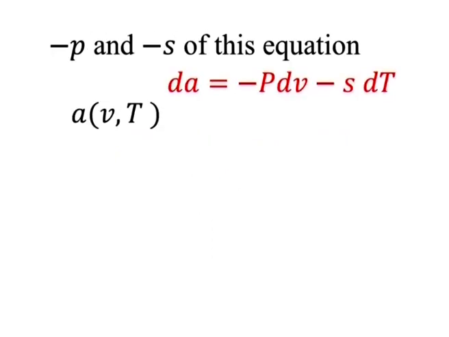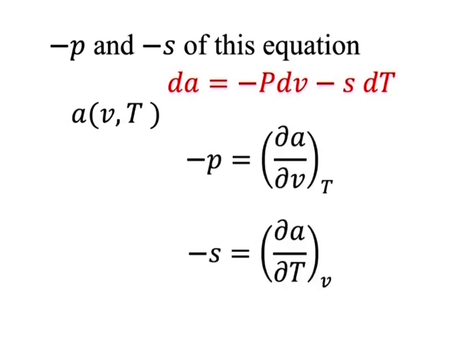Similarly, the coefficients minus p and minus s of this equation are partial derivatives of a(v,t). Therefore, minus p is equal to partial derivative of a with respect to v keeping t constant, and minus s is equal to partial derivative of a with respect to t keeping v constant.